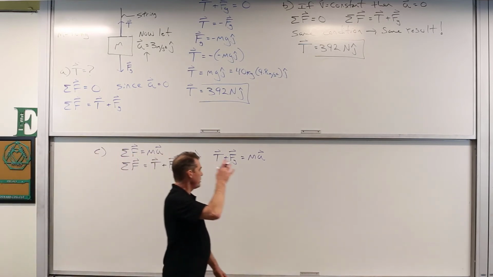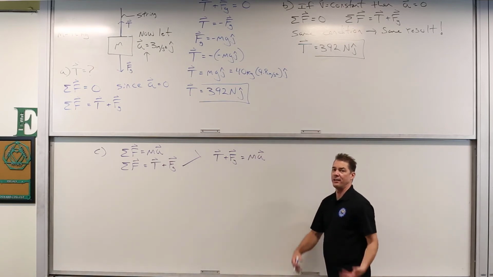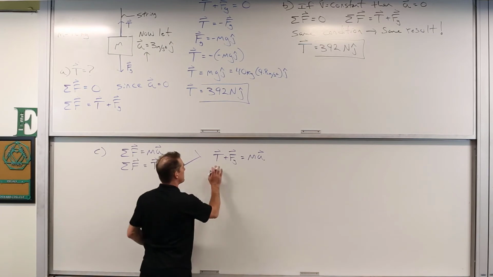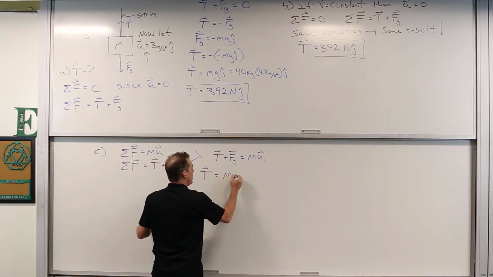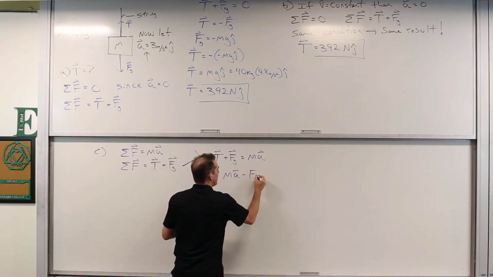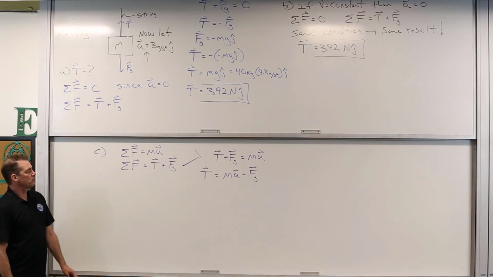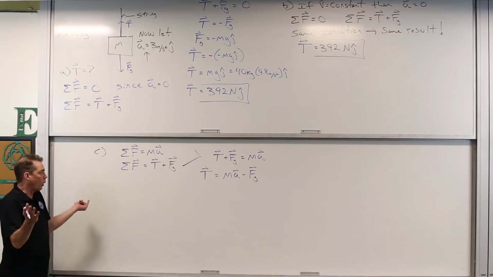So what do we want to do with this? Again, we want to solve for the tension. What's the tension in the rope now? So we can get everything to one side except the force of tension and write T hat is equal to MA hat minus F sub G hat. If we know what A hat and F sub G hat are, we're good, we're gold.